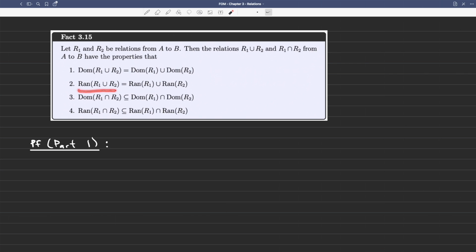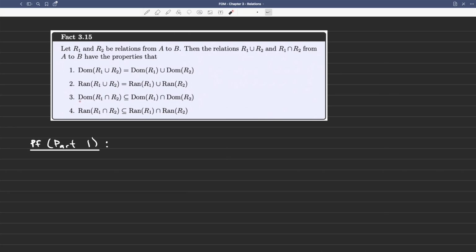If you want to do the range of R1 unioned with R2, so first you would union R1 and R2 and then take the range, it's the same as taking the individual ranges and then unioning them together separately. And notice we get equality on both of these. However, in 3 and 4, when we switch to intersection, we don't necessarily get equality.